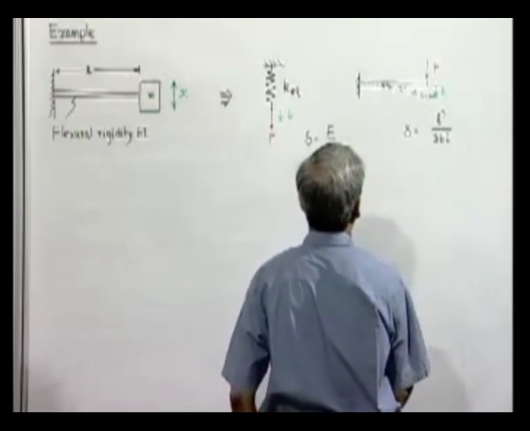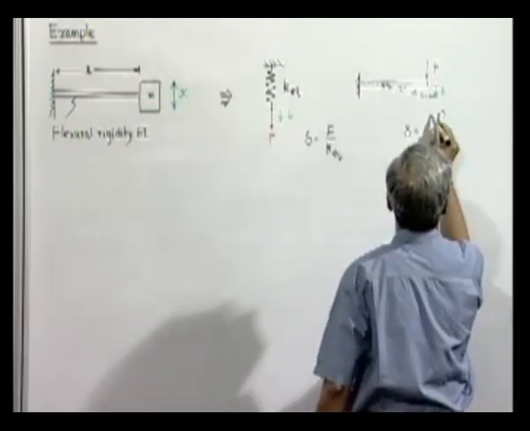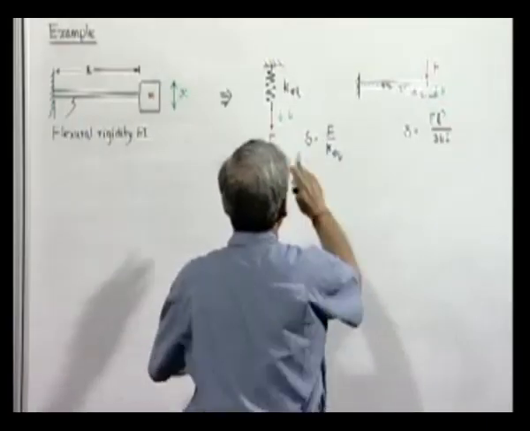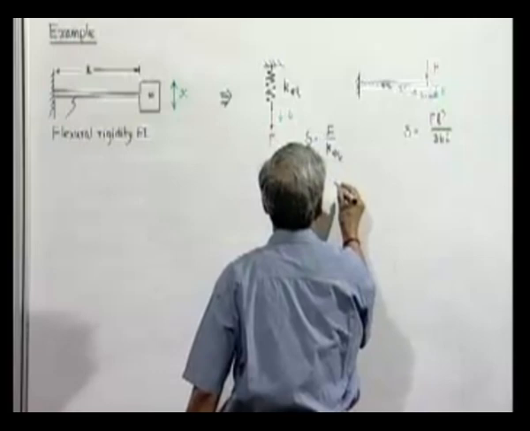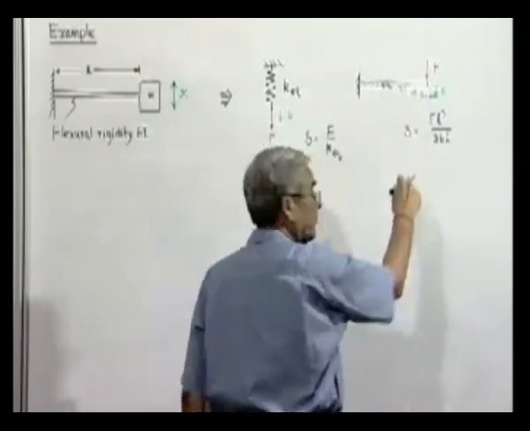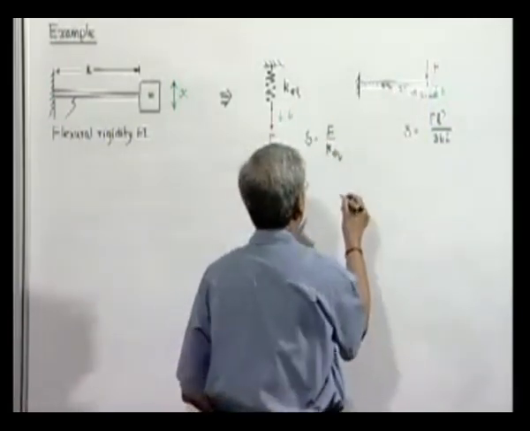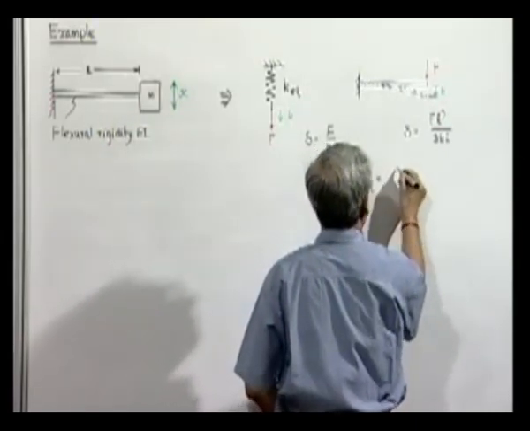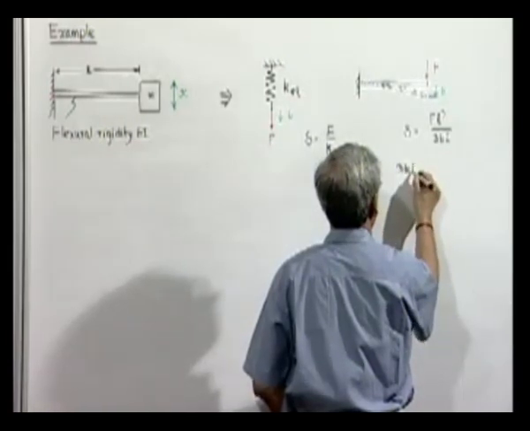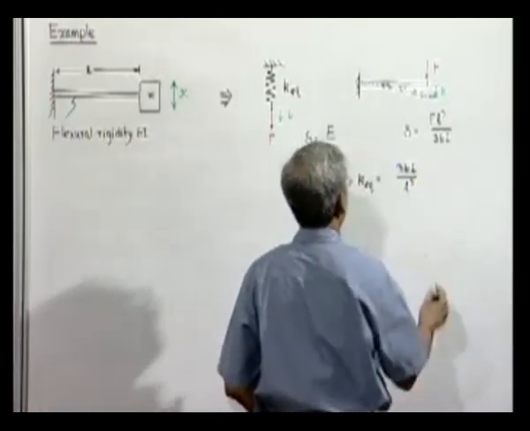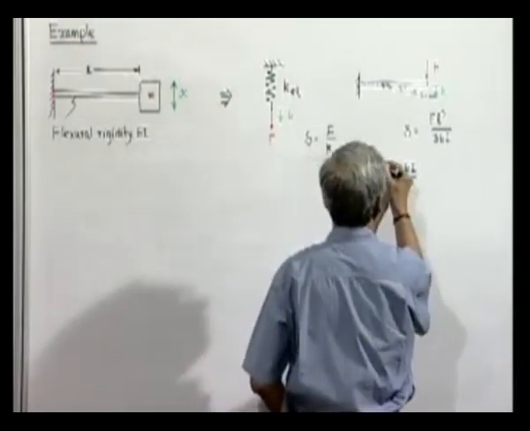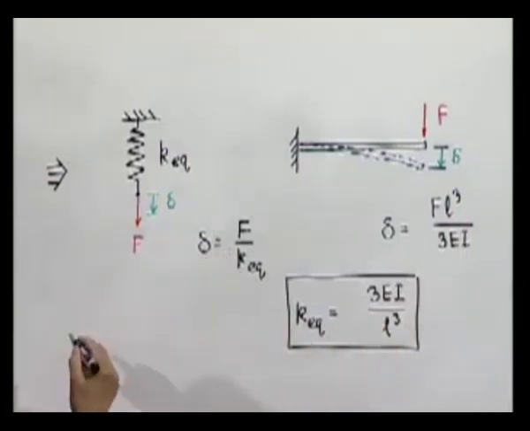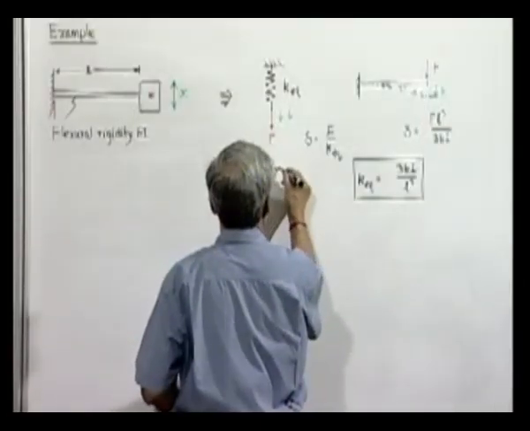So therefore, if the beam has to be replaced by the spring, the deflections at the end because of the same force must be the same. So therefore, we will get K equivalent equal to 3 EI by L cube. So this is modeling, and we have now replaced the actual system by a lumped parameter model.